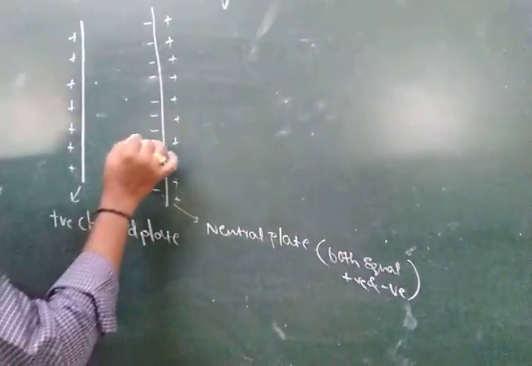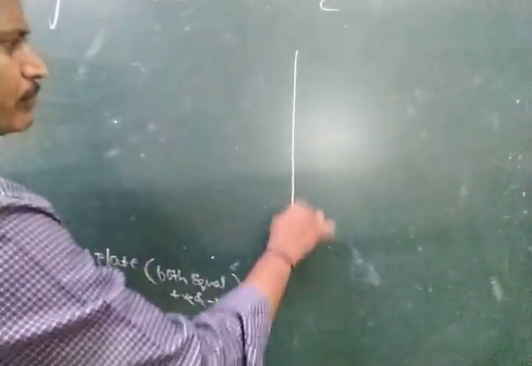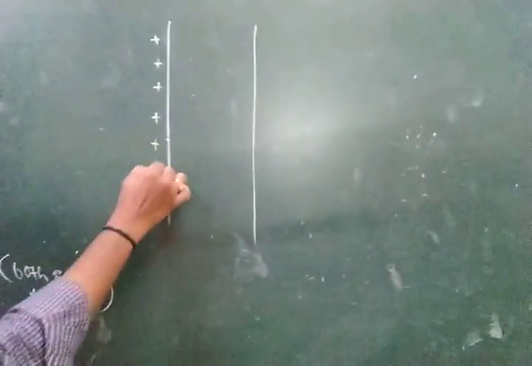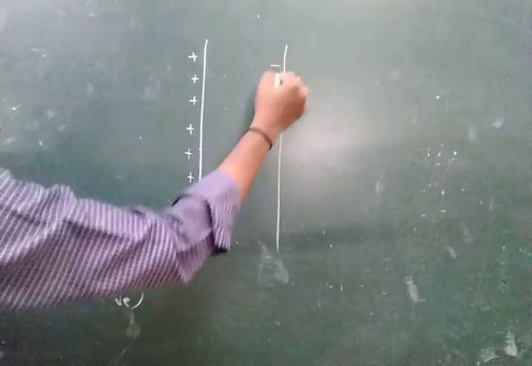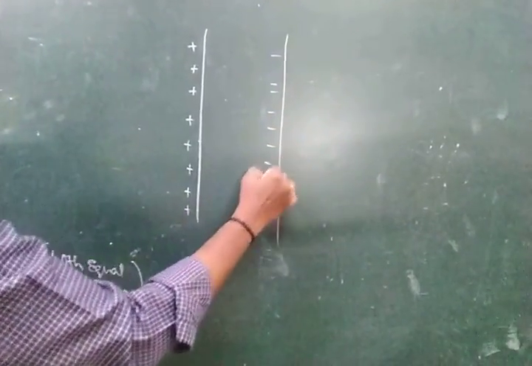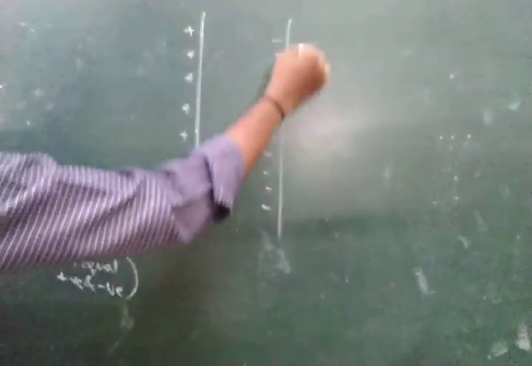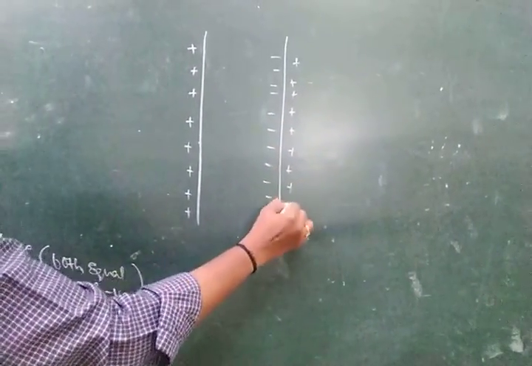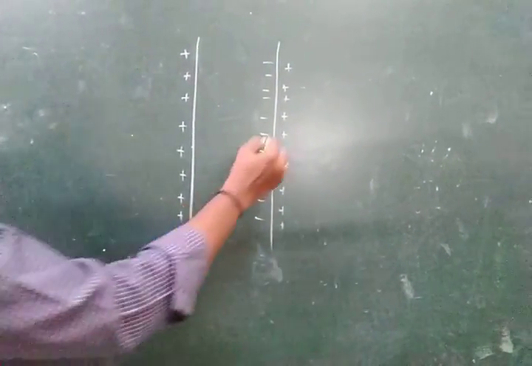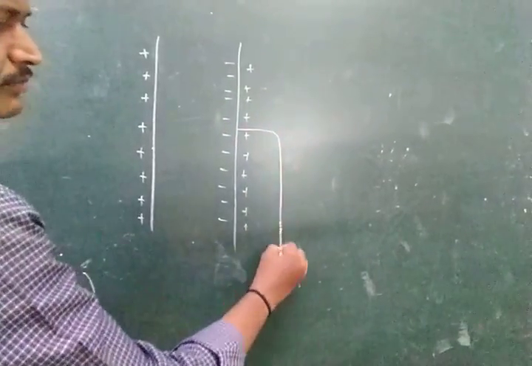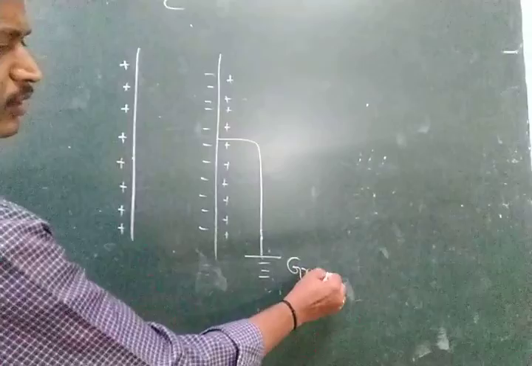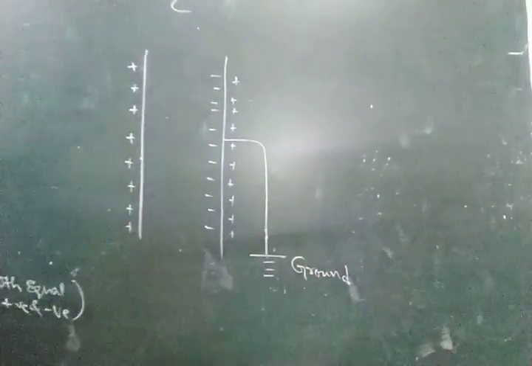Whenever this positively charged plate is here, negative charge is induced on the inner side and positive charge is induced on the outer surface. Whenever the outer surface of the plate is connected to the ground, then what?